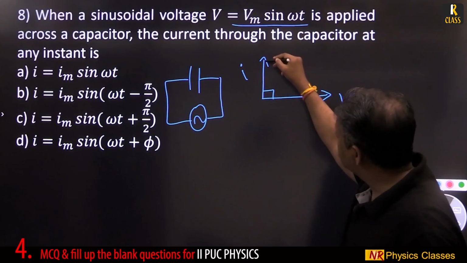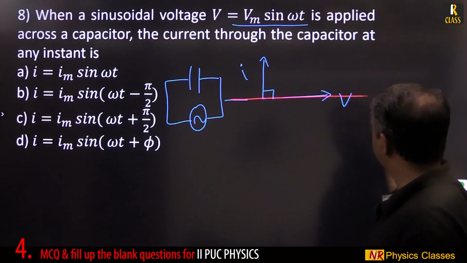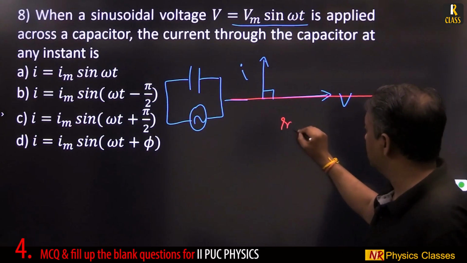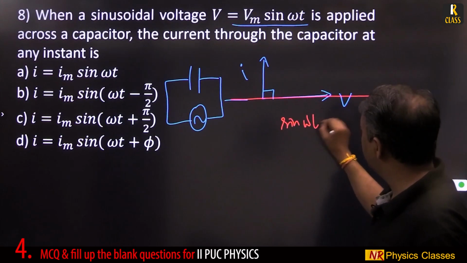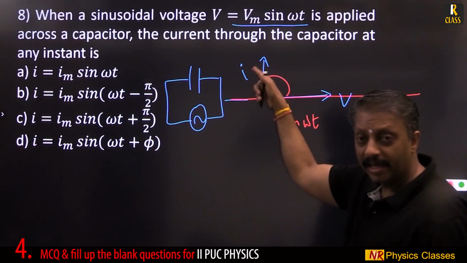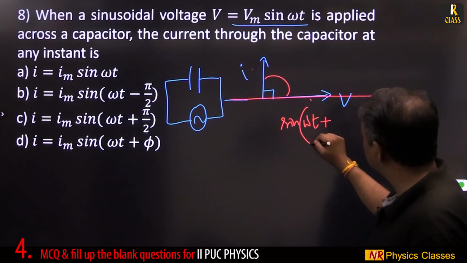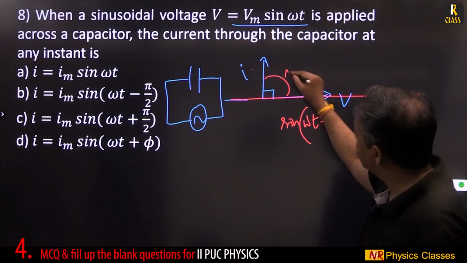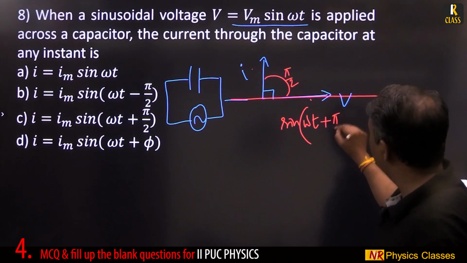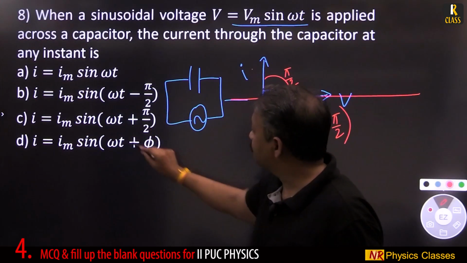With respect to the x-axis means sine function. From sin omega t, anti-clockwise rotation to reach the y-axis, anti-clockwise means plus, this angle is pi by 2. So there is sin(omega t plus pi by 2).